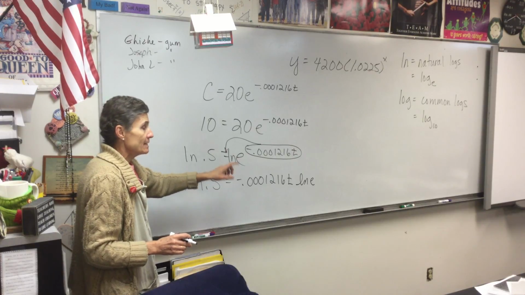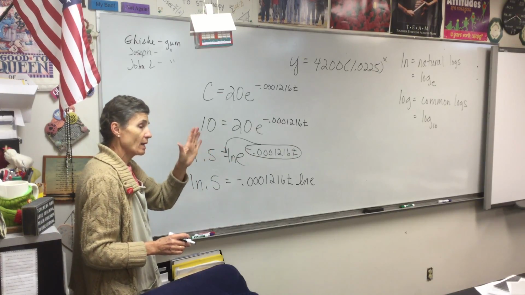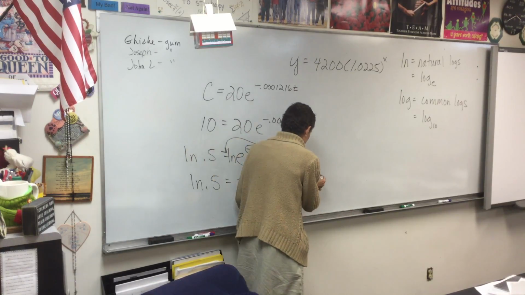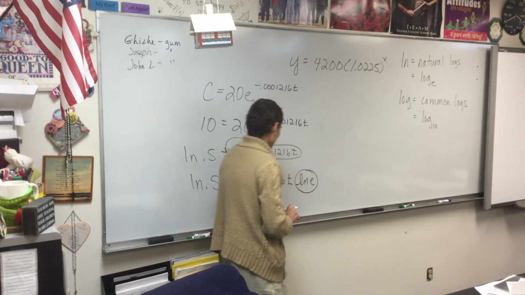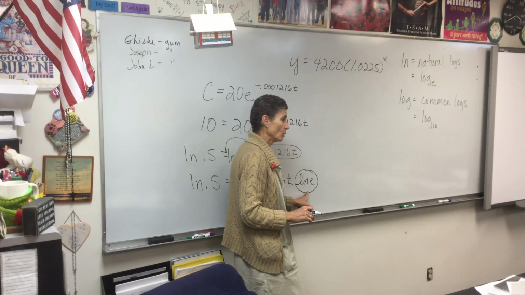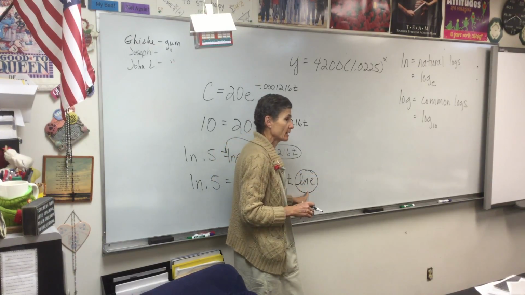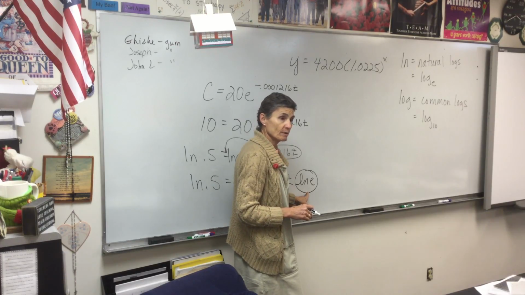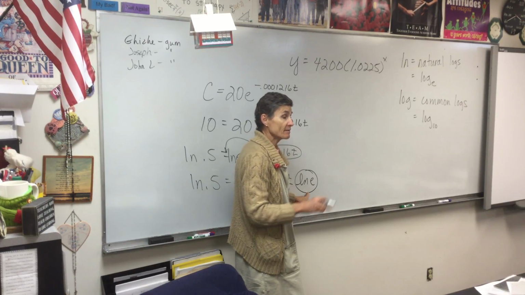Okay? Now this is why it's so nice to use ln. Get your calculator out and let's evaluate this real quick. We're going to do some more work here, but I want to show you why this is so cool. Do you know how to take the natural logarithm of e? Well, you have to hit ln.